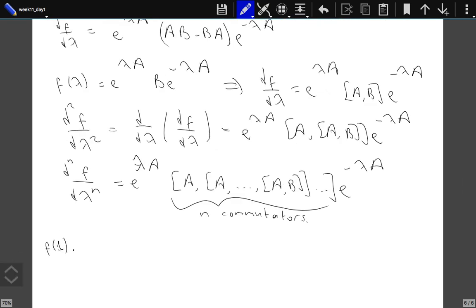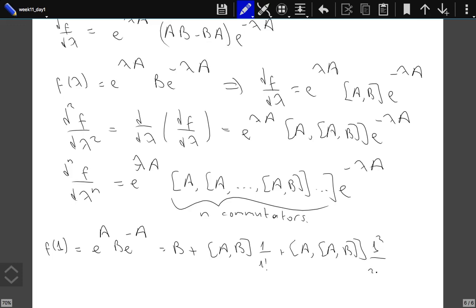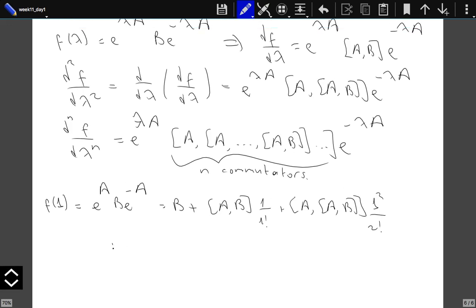f of 1 is equal to e to power A, B, e to power minus A. This will be equal to B plus the commutator of A and B times 1 over 1 factorial plus the double commutator of A and B times 1 squared over 2 factorial plus, and so on, the nth commutator times 1 to the power n over n factorial plus the rest.